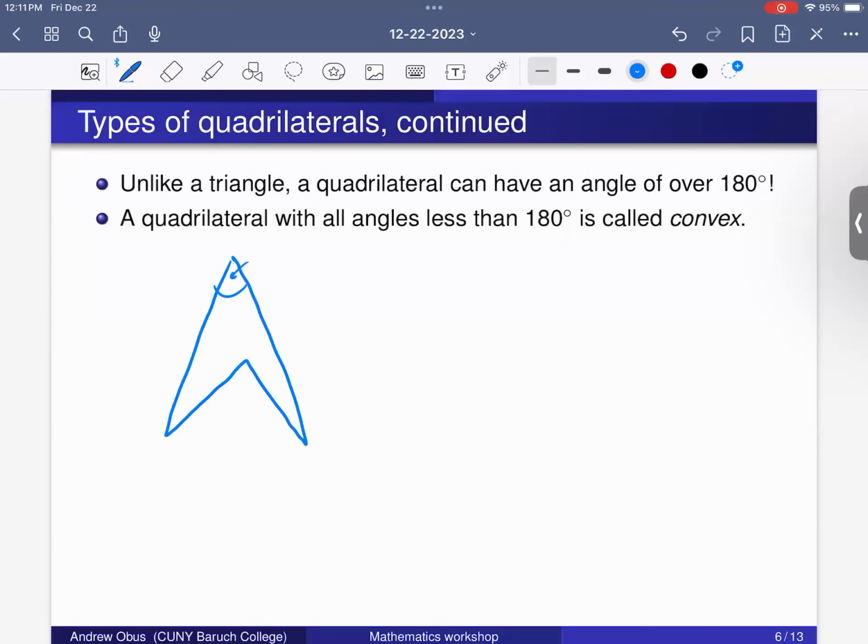So if we had this with 60 degrees and 15 degrees and 20 degrees here, then we saw that this angle here is 265 degrees. We calculated that. So this quadrilateral would be what's called non-convex because it has an angle greater than 180 degrees.